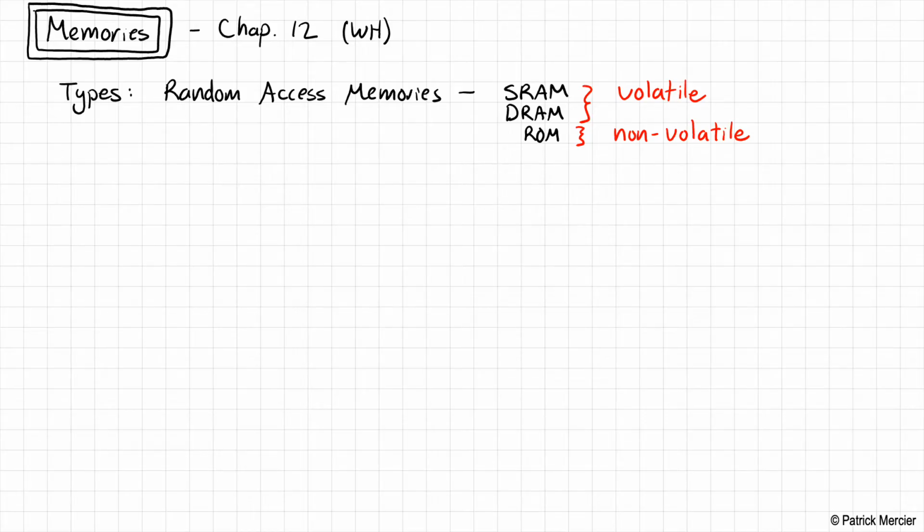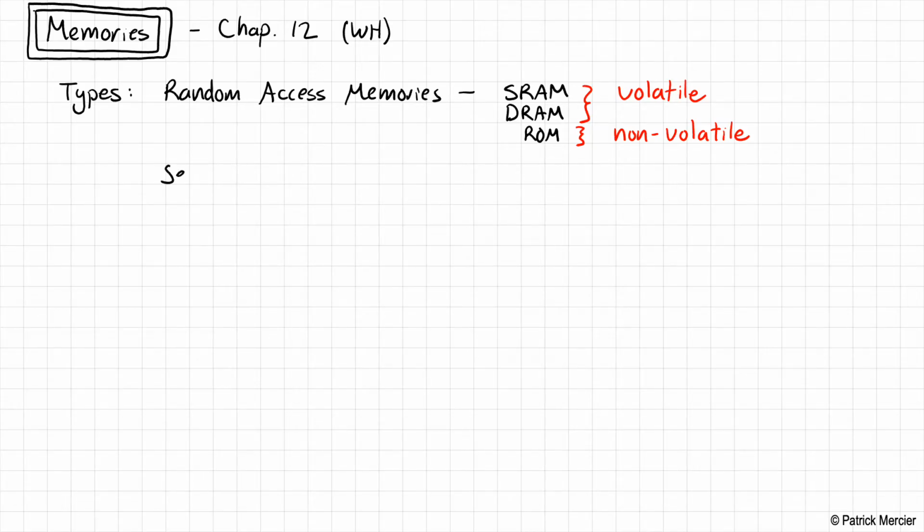What we mean by non-volatile is that if the power supply of the system that we're using goes away for whatever reason, then we won't lose our data. Other memories like flash memories and so on are also non-volatile memories, which is why they're very popular for things like USB keys.